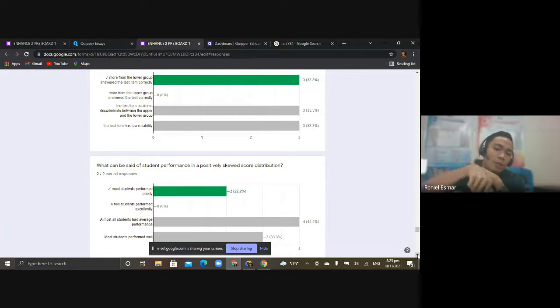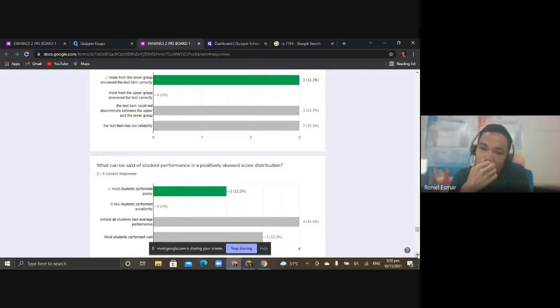However, if it's the other way around, if it points to the positive side, that skewedness or score distribution means most students perform poorly. If positively skewed score distribution, most students perform poorly. You have to take note of that.